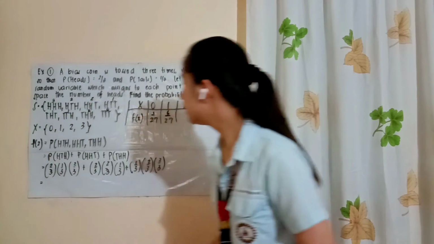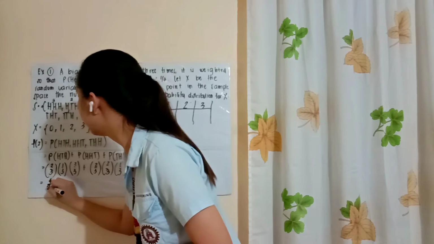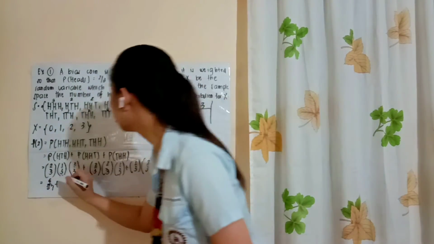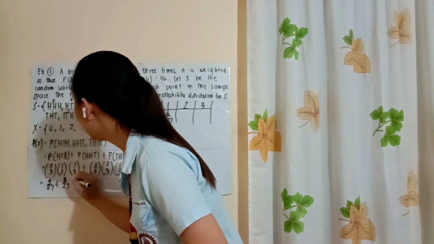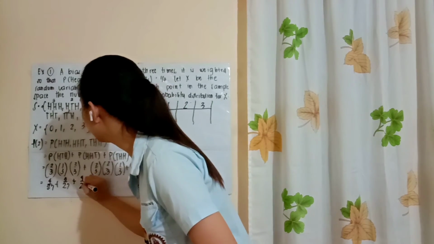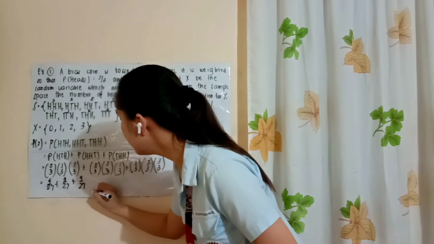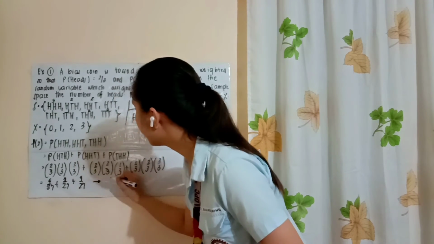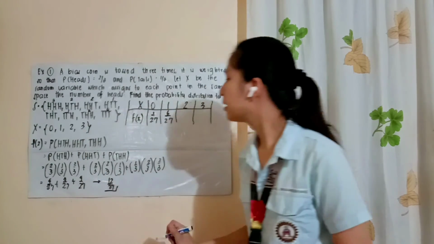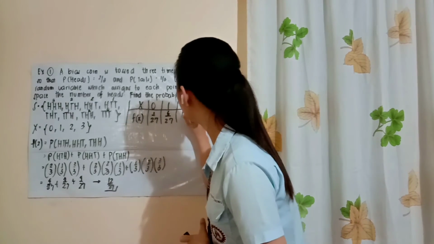Now when we add them, 2/3 times 1/3 times 2/3 is 4/27, 2/3 times 2/3 times 1/3 is 4/27, and 1/3 times 2/3 times 2/3 is 4/27. Adding these, we get 12/27. This is the probability for the value 2, so let's write it.